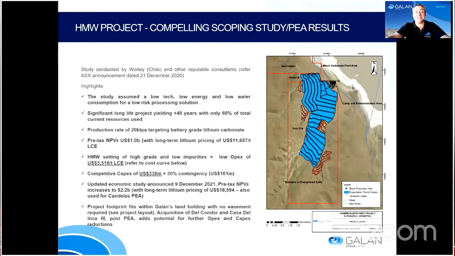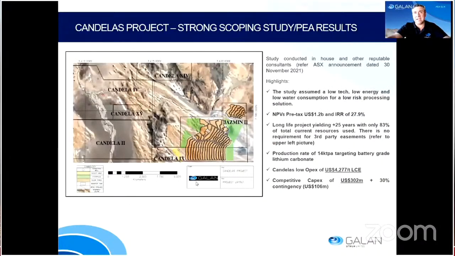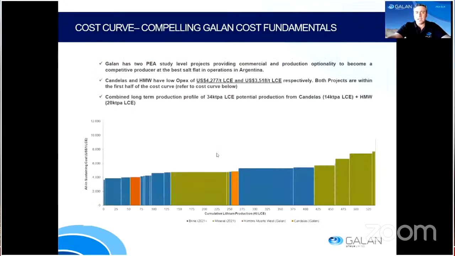I'm still surprised how high the spot price is at $60,000, which is great, but we're putting our head down and trying to develop our project the best we can, and we're doing several activities I will mention in a moment. At Candelas, this is the pond layout showing on the east, and the NPV of that is $1.2 billion. Good return on investment, and we are in an area where we know we can improve and reduce our capex and opex.